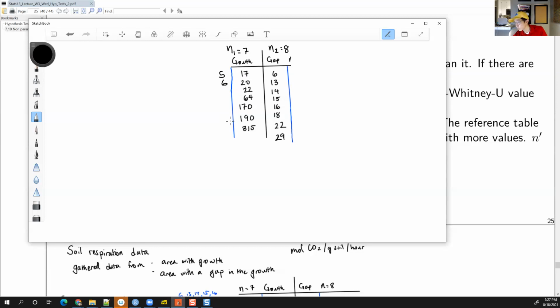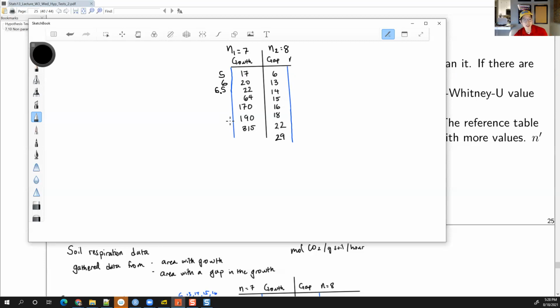Then we have 22. We go through and 1, 2, 3, 4, 5, 6 numbers are smaller, and then we have a tie at 22. So I'm going to write 6, and ties are worth 0.5. If there were multiple 22s, each of those would be 0.5. So if we had three 22s, we would say 0.5, 0.5, 0.5, and end up with something like 7.5.